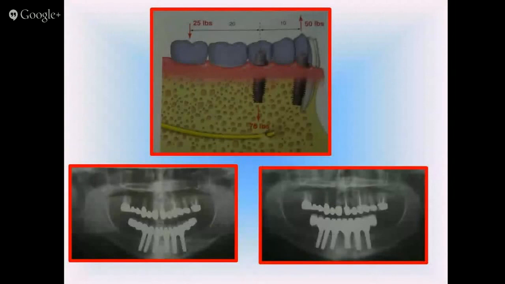Okay. Now, what is the distance of my acceptable cantilever? For example, this is my distal most implant and an implant lying in front of that. I measure this distance. If this is X, multiplying that by 1.5, which will give me 1.5X, that is the acceptable level of cantilever.